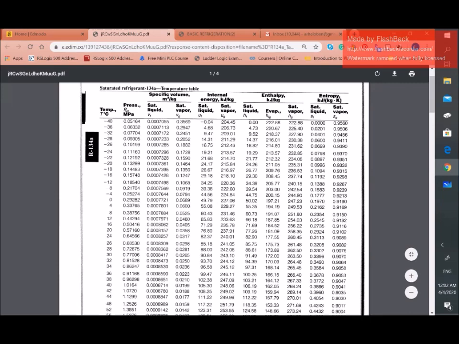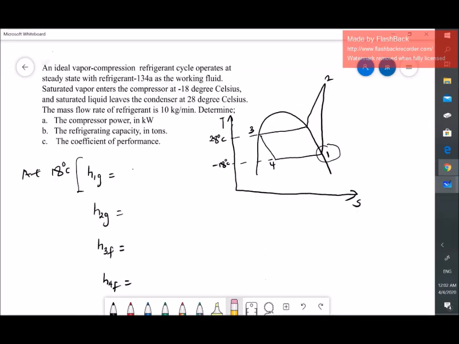Come back to my notebook. H1 is 236.53 kilojoules per kilogram. All right.